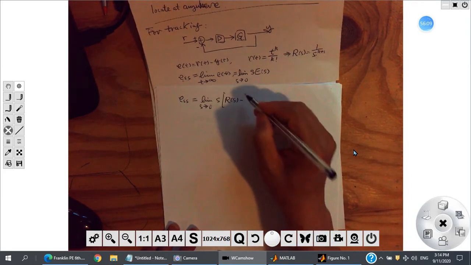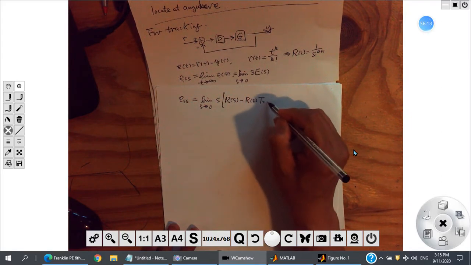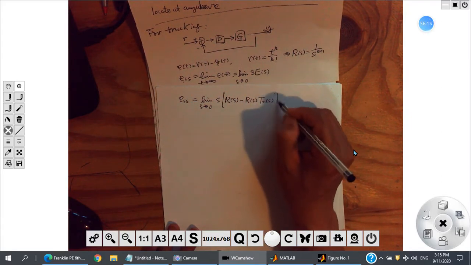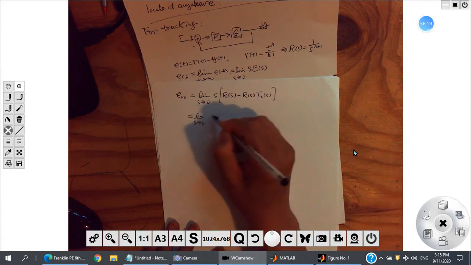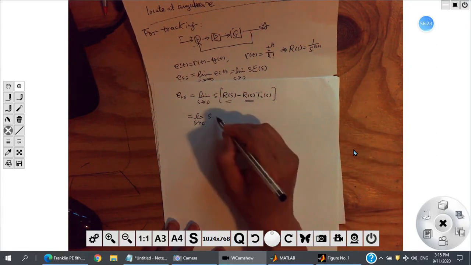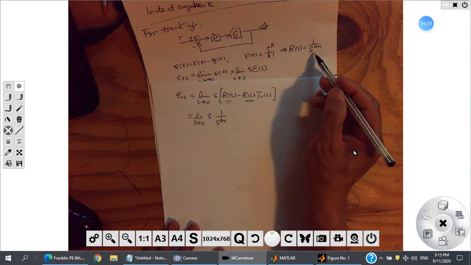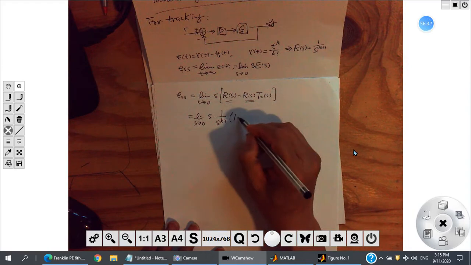And y will be the input times the transfer function, that is T2(s). As s tends to 0, s times both terms we have R of s, so I can move it in front. This is R of s, and then it's 1 minus T2(s).